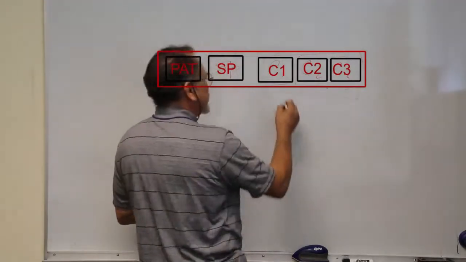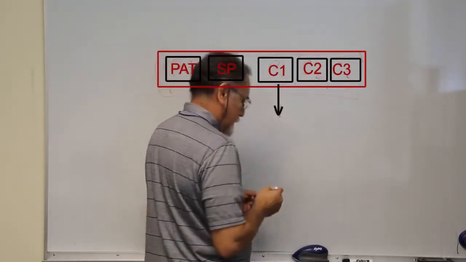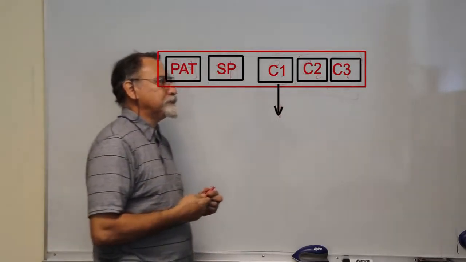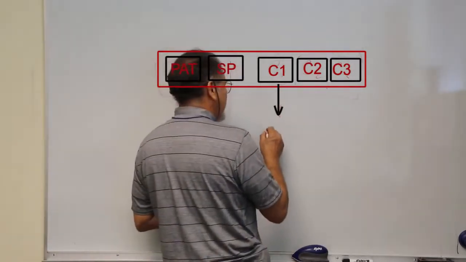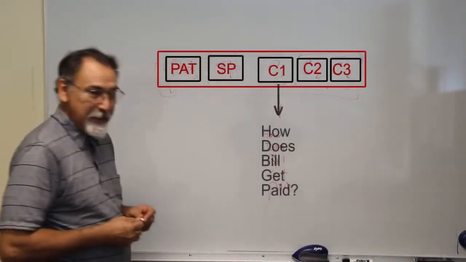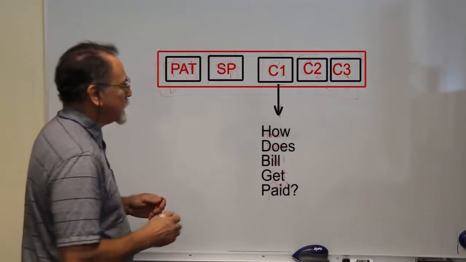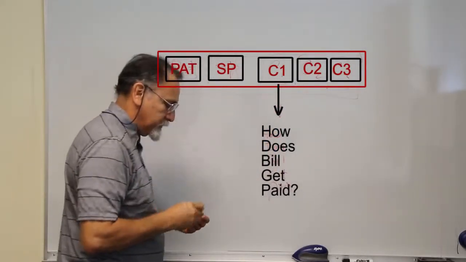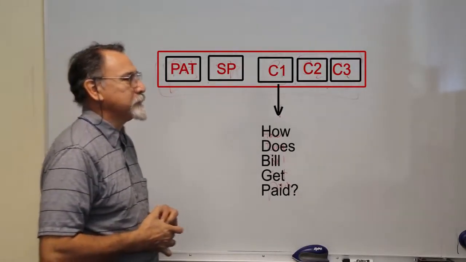Now, if child 1 is ill and gets treatment, how does the bill get paid? Who pays the bill? How do you connect this child to the patient holder, the subscriber?